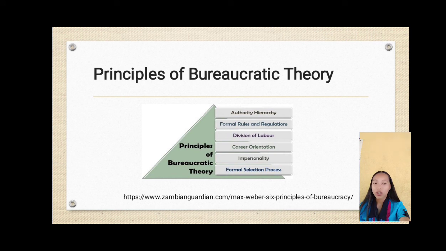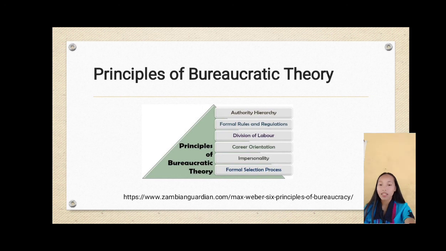This does not only improve the work efficiency, but also ensures proper allocation of job responsibilities. So now, let's go to the next, which is the career orientation.